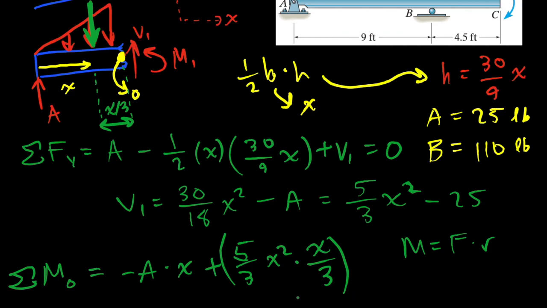This is a lot to take in, but make sure you understand what's happening here. In addition to our force at A and our distributed load, we have one more moment contribution, and that comes from M1, which is a counterclockwise contribution. So we say plus M1 equals 0.